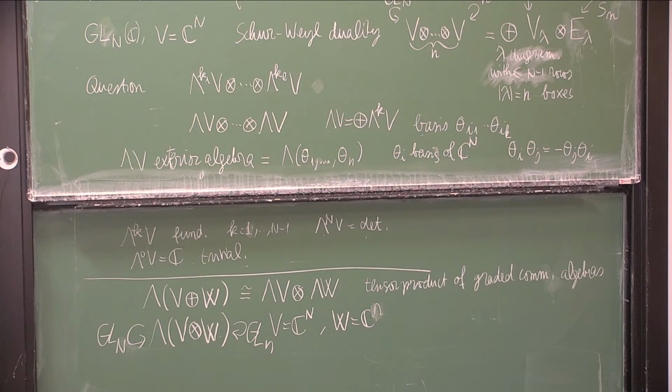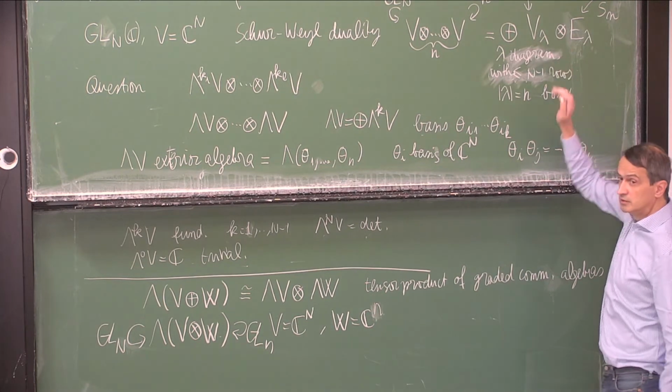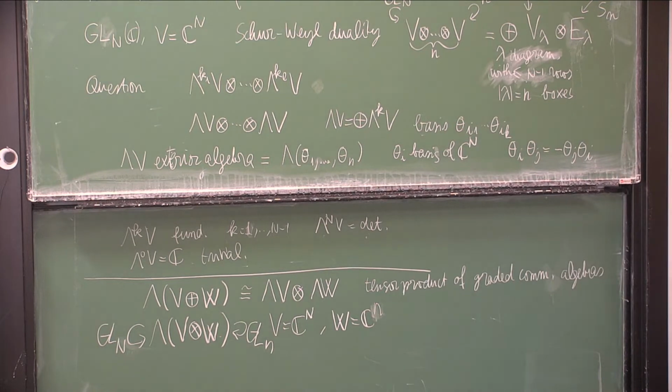It's a further statement, yes. I think this is always the case for any n. And then what's the correspondence? This establishes the correspondence between representations of GL capital N and GL small n. What's the correspondence? I will come to that.